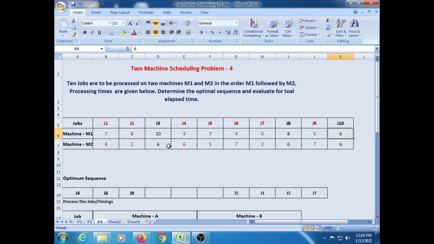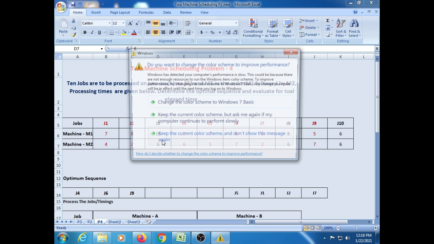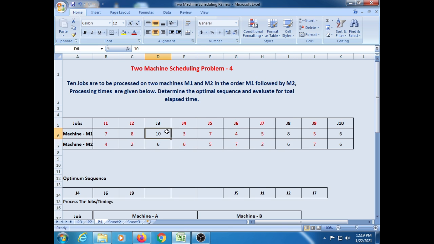In this situation we have to check the corresponding values. For job 3, this 6's corresponding processing time is 10, and this 6's corresponding value is 8, and in these 2 processing times you can take any one.